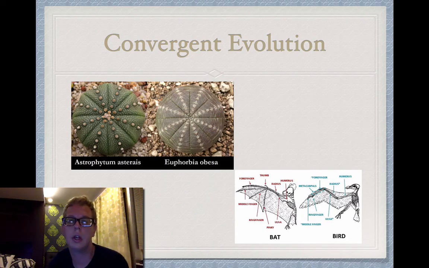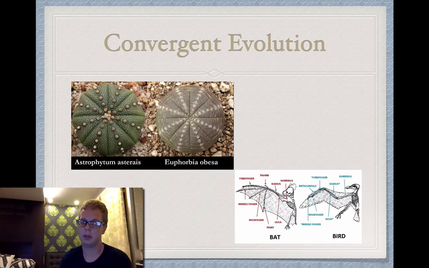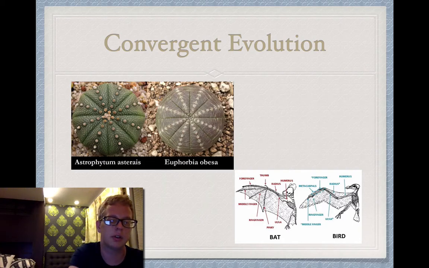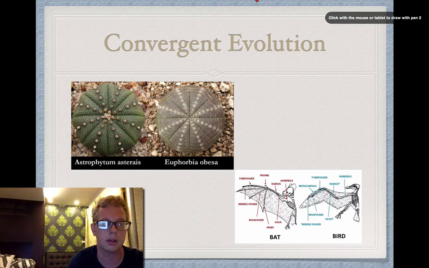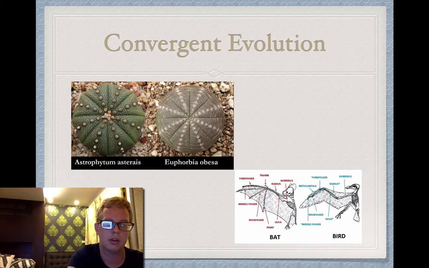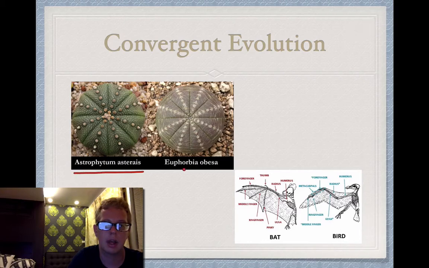Now, Linnaeus, when he was doing his naming of species, he had a problem. All he was using was physical attributes, okay, and so how the organism looked. And so I have a couple examples here to demonstrate how this is not a good system. The first is the two plants here. So we have Astrophytum asterias, and we have Euphorbia obesa.